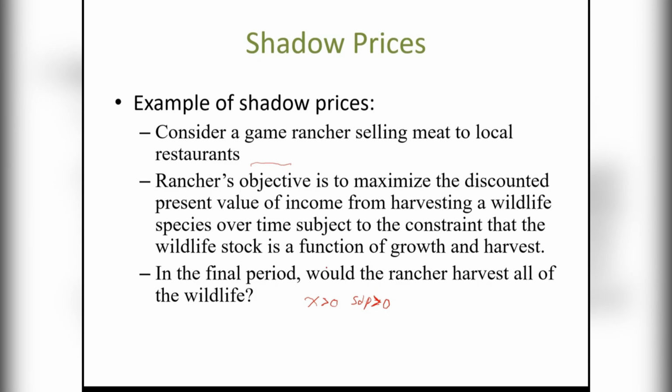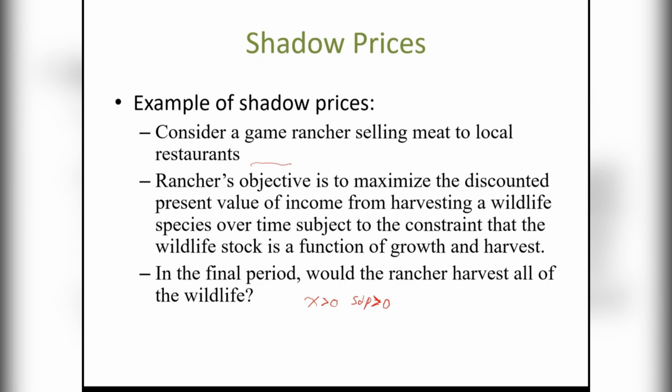So if the rancher finds that he takes all of the animals, there's always a chance that we're right at that point where both the shadow price is 0 and the number of animals is 0. But generally, if the number of animals is 0, so he takes all of the animals, that would imply that the last animal he took, he gained more revenue from than it cost him to cull. So the marginal revenue would be greater than the marginal cost.